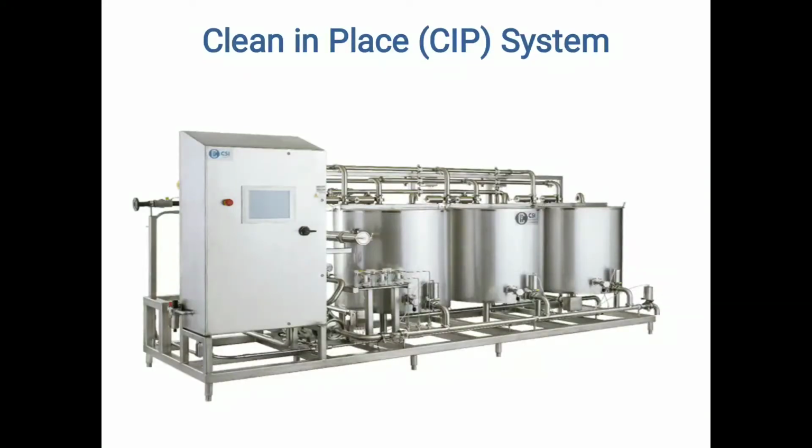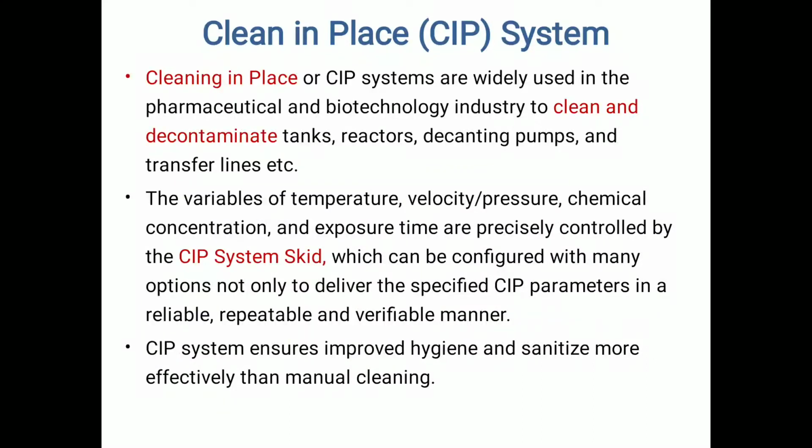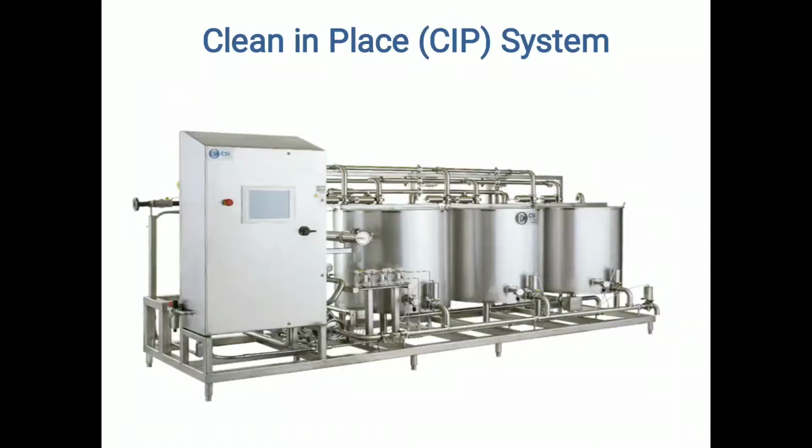Here in the image you can see these larger chambers, which have the piping system that is mainly connected to the control panel, and on the control panel we can control all the variables like temperature, pressure, chemical concentration as well as exposure time, so that all the parameters could be set.